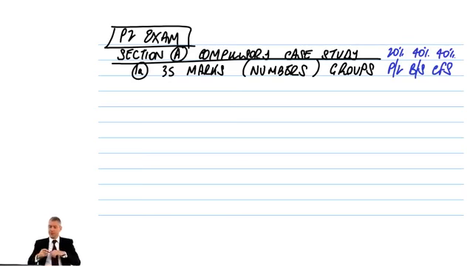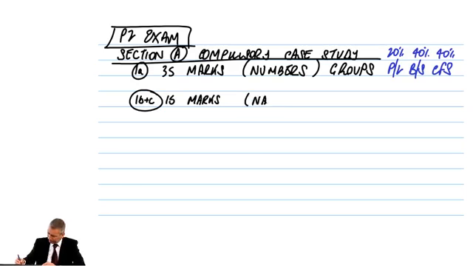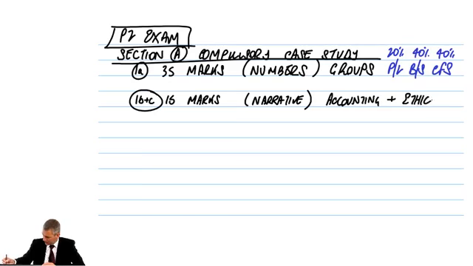Which brings us to the rest of the exam. In the remainder of the scenario, there are 15 marks on accounting and ethics, and particularly the marks on ethics, usually 7 marks on ethics, are the easiest in the entire exam.